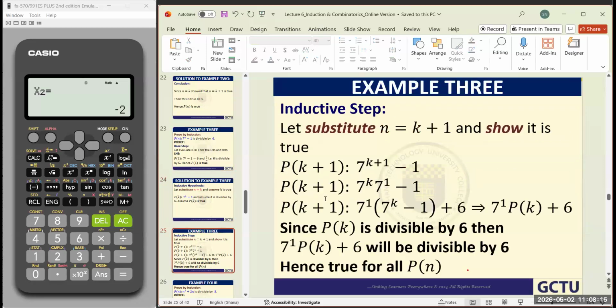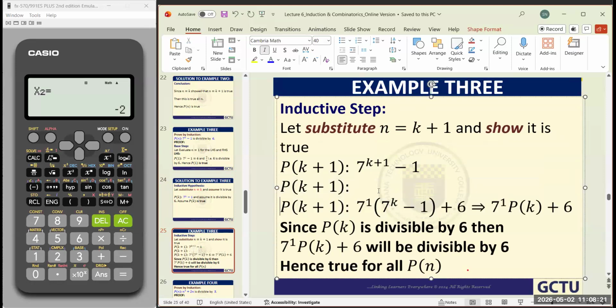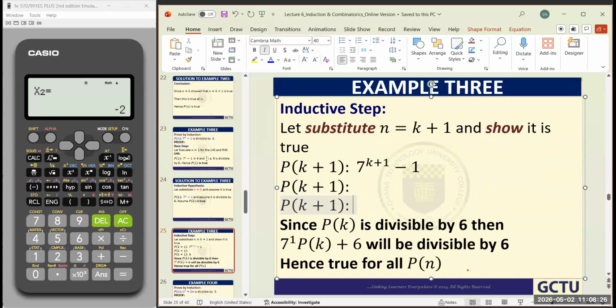Now, let me start from here. I've done it, but I want you to see how it is done. Now, look at this carefully. If I substitute k plus 1, I'm going to get 7 raised to the power k plus 1 minus 1. Now, from the laws of indices, we know that when you have a number raised to the power something plus something, it can be written as that number raised to the power k times that number raised to the power 1. I hope you remember this.